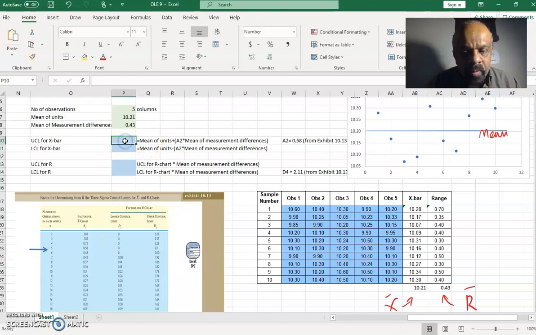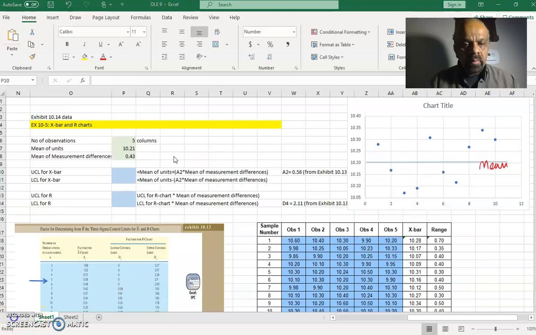So the UCL is going to be equal to the mean of the units. The mean of the units is given as 10.21.